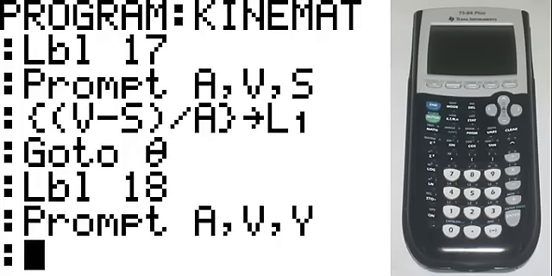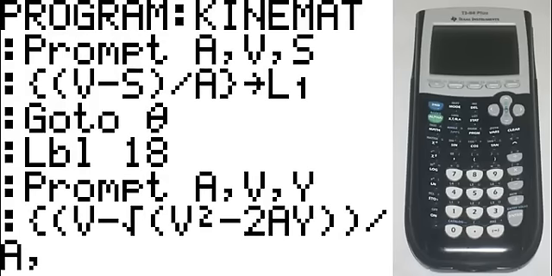Label 18. Prompt the variables a, v, y. Squiggled parentheses, again, this is going to have two options.